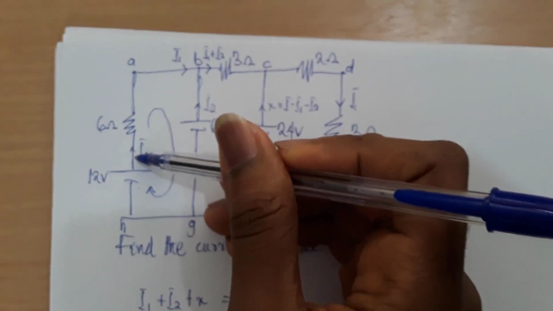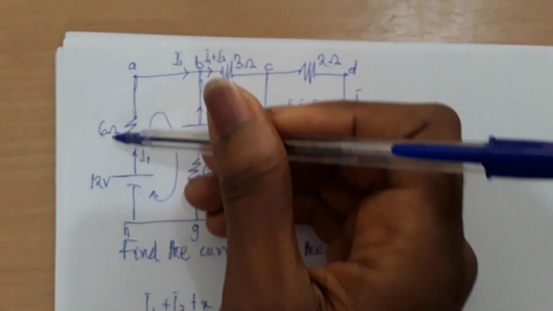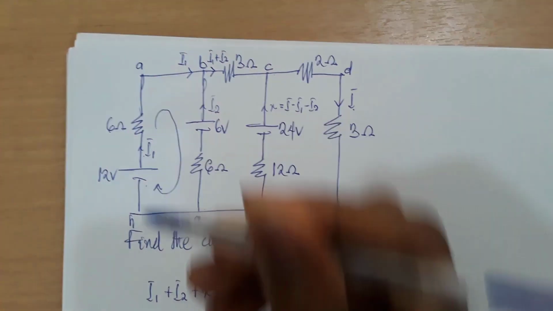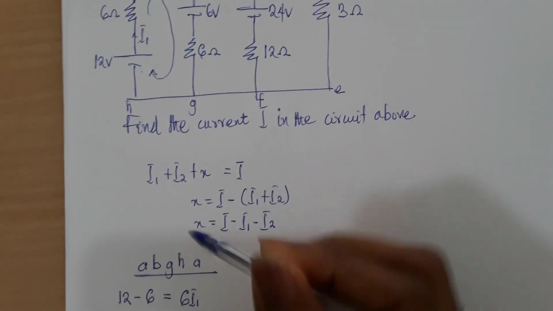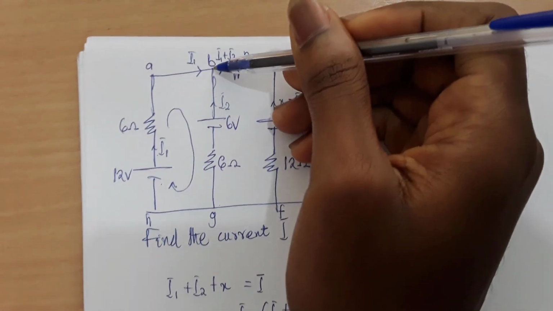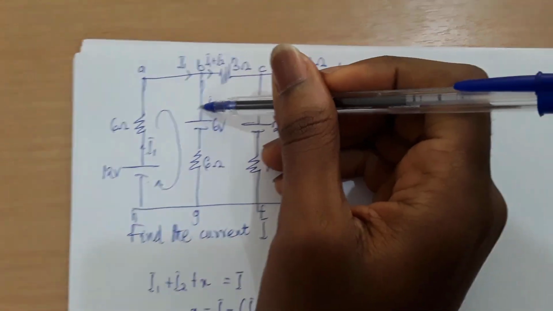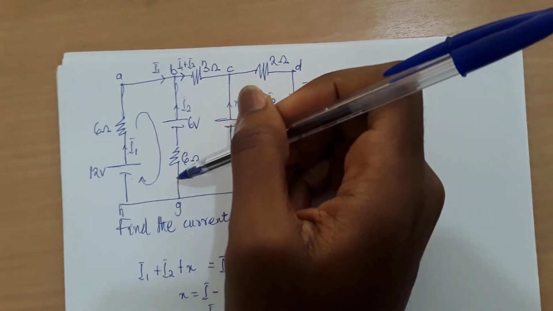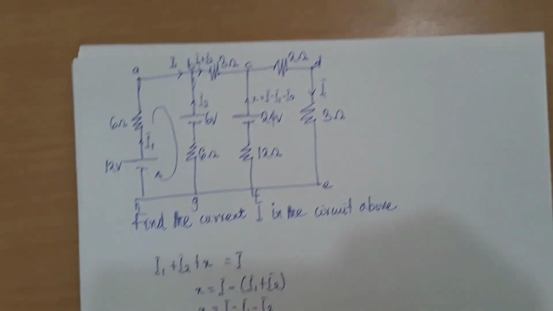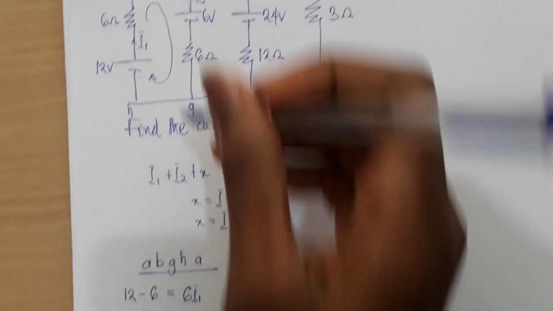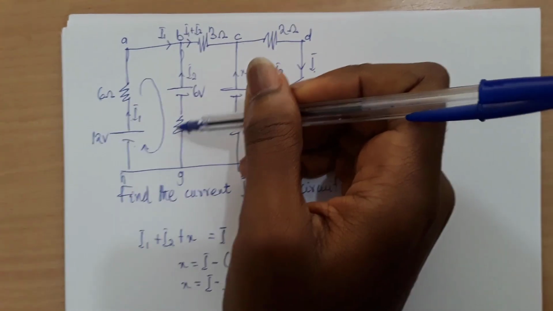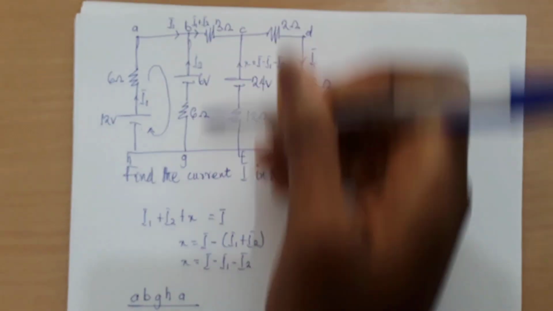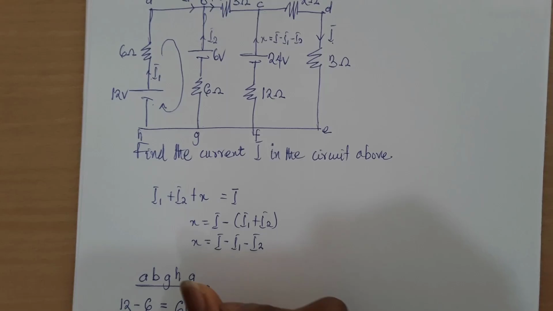Now, current I1 will travel through the 6 ohm resistor. So our first voltage drop is 6I1. And then in branch BG, we have current I2 traveling through branch BG. But note, we have the current flow directly opposite to the path we are taking, and so now it shall be minus 6I2.